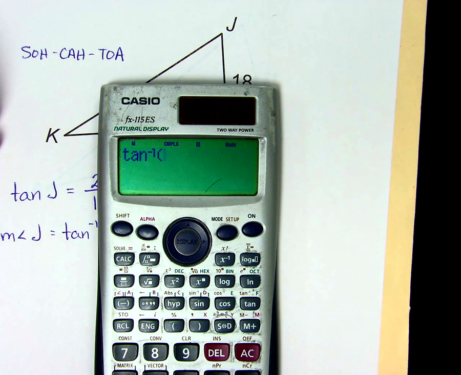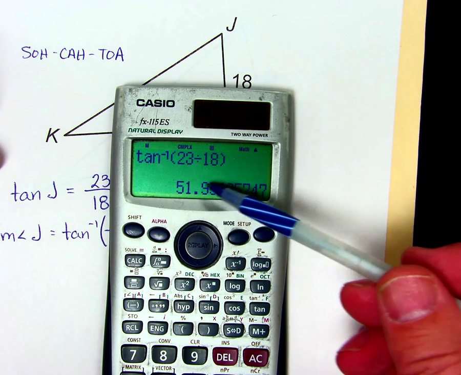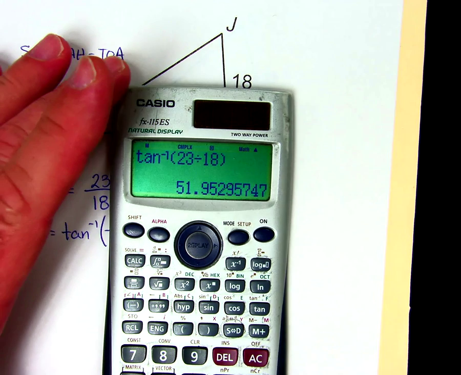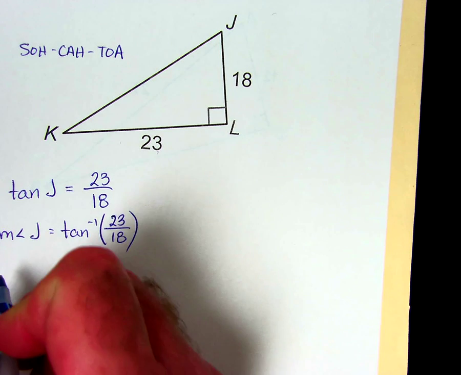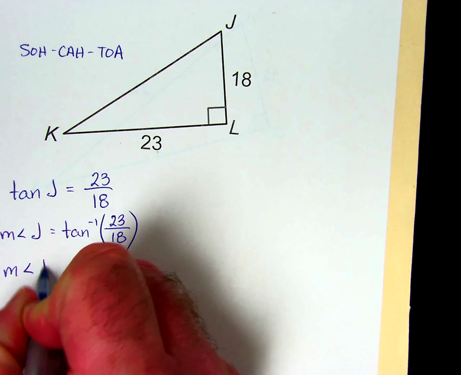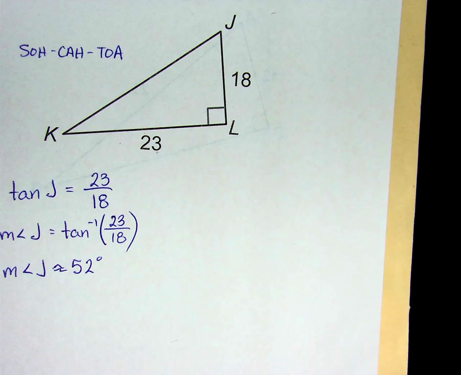Notice I see inverse tangent show up. And then I'm going to have 23 divided by 18 and close that parenthesis. When I hit equals, to the nearest degree, I get about 52 degrees. So for this one, the measure of angle J is about 52 degrees.